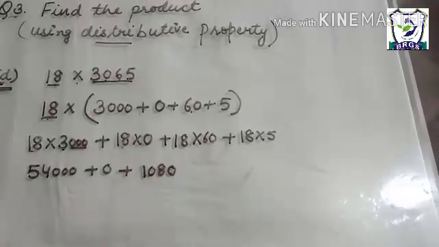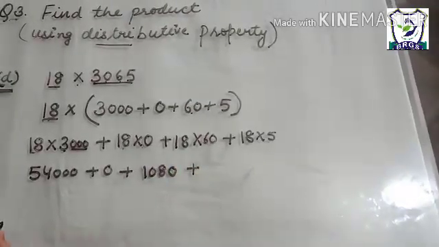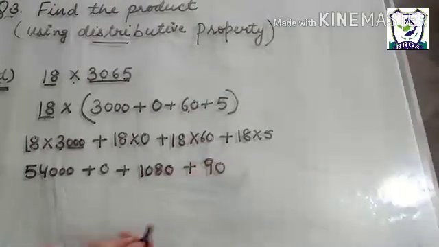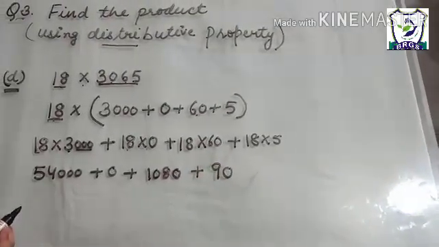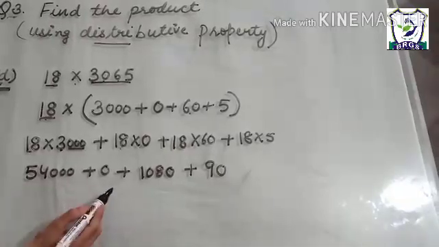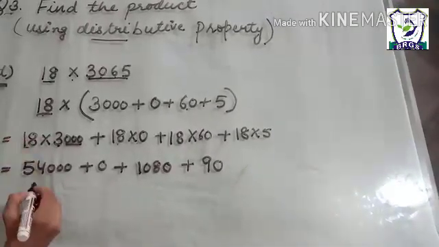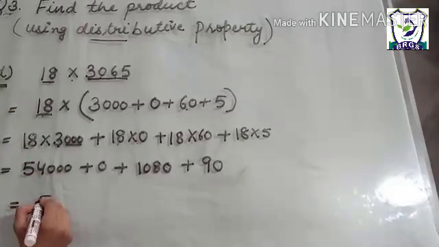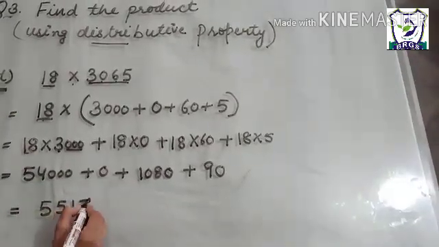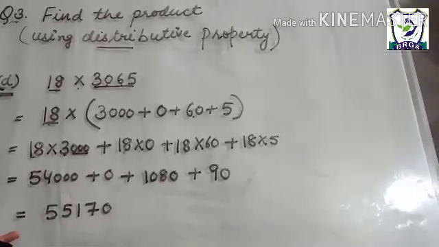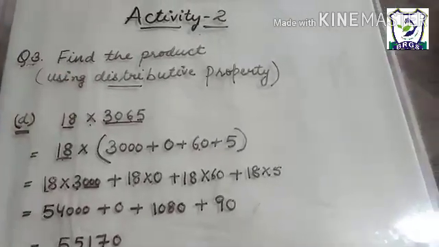Plus, what's 18 into 5 students? That is 90. Okay students, now what you will do? You have to add all these to get your answer. On adding all these, you will get 55170, your answer. This is the answer of your question by using the distributive property.